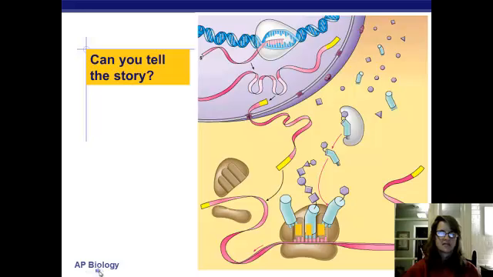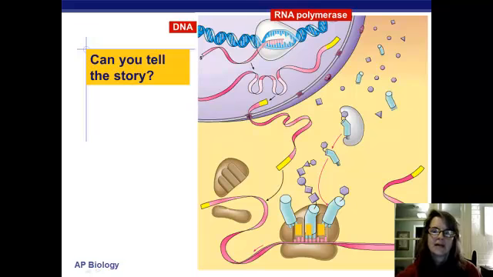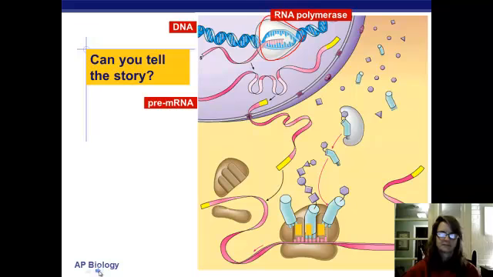So this is a really nice diagram showing you that you've got the DNA making RNA by using an enzyme called RNA polymerase that's shown here. We're going to make RNA, but that RNA has got to get processed. Remember, it's got to get processed. The exons have to be kept and the introns are cut out, and so we edit that RNA through RNA processing.